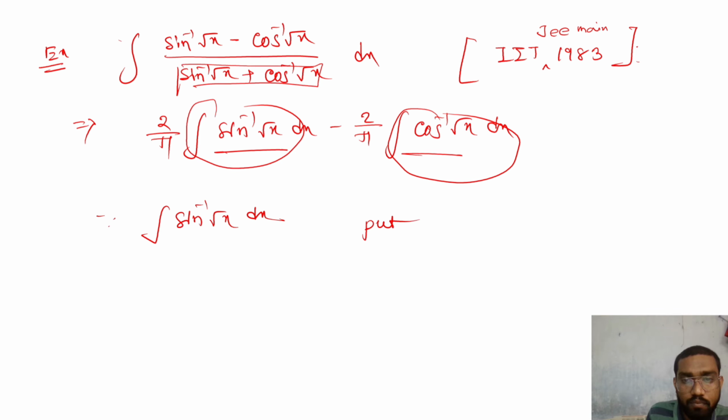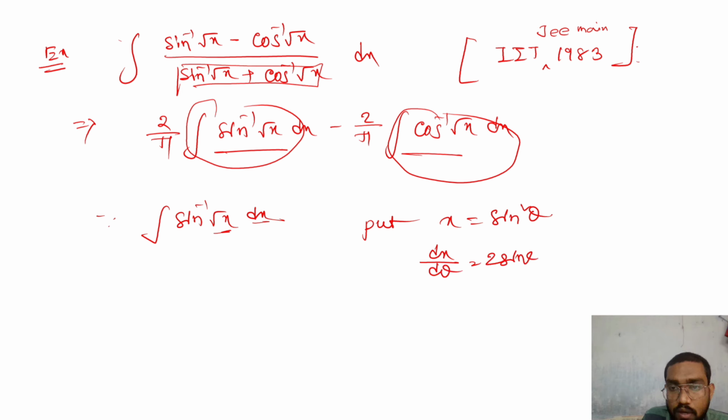Put x equal to sin square theta. Why do we put x equal to sin square theta? If we put x equal to sin square theta, then this root x becomes sin theta and sin inverse sin theta becomes theta, and then we put the value of dx. So what is the value of dx? dx by d theta equals 2 sin theta cos theta.